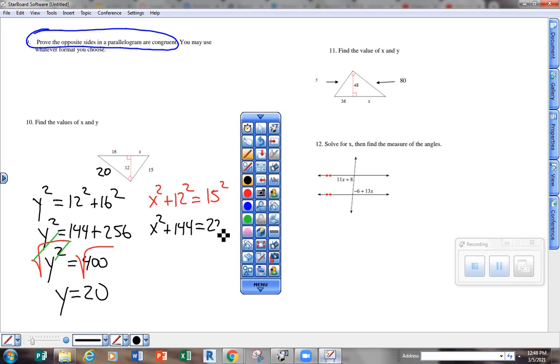These are a little different. You have to take away 144 and then square root your answer at the end. If I square root that, it tells me x has to equal 9.